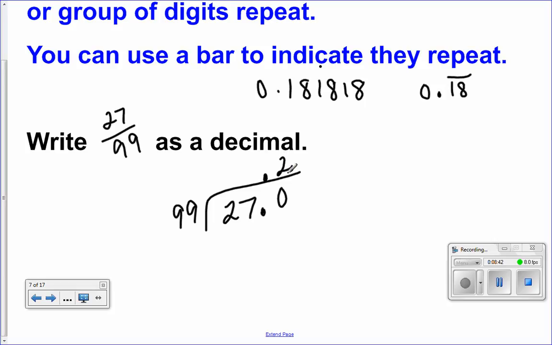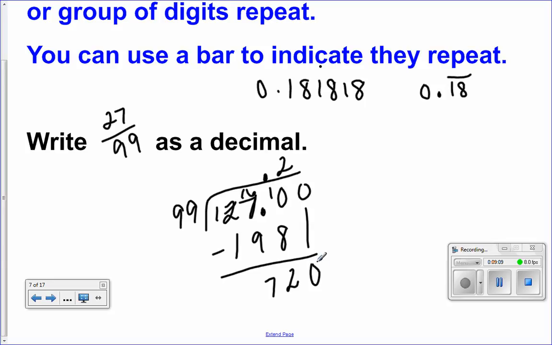Well, it goes in 2 times to get 198. Now I'm going to subtract, borrow, so I'm going to make this a 6, make this a 10, I have to borrow again, 16 minus 9, we're going to get 7, so I have 72 remaining.